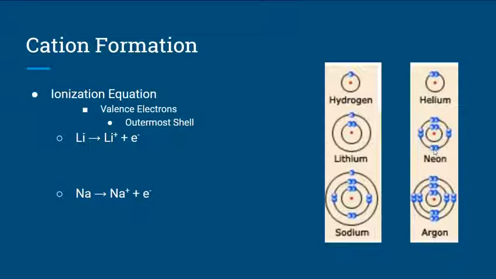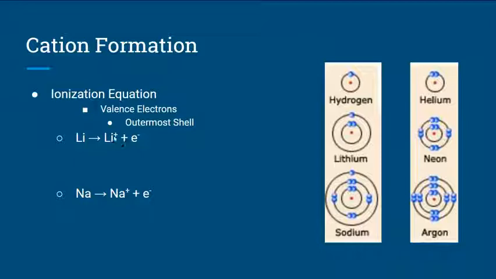So the way that we draw that in an ionization equation is to always start with the atom, because we're trying to illustrate the atom becoming something charged as an ion. And in order for this lithium to turn into a positive 1 charge, we have to pull an electron out. So we say that this plus the electron that was removed in total is back to where it started. So it starts here with 3 protons, 3 electrons.